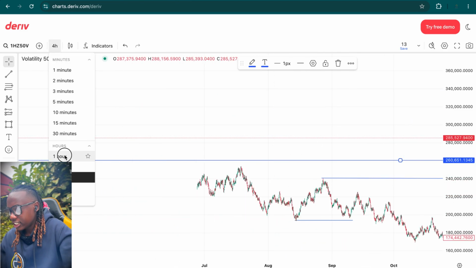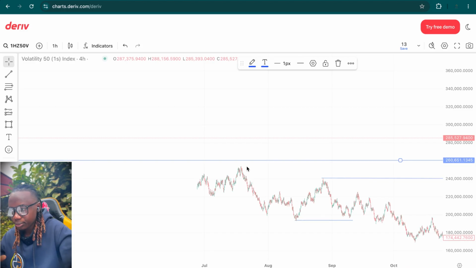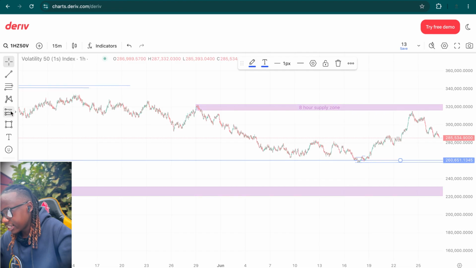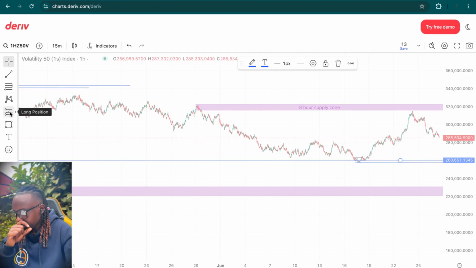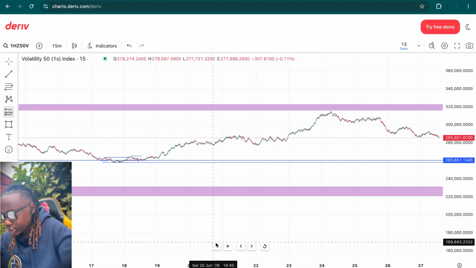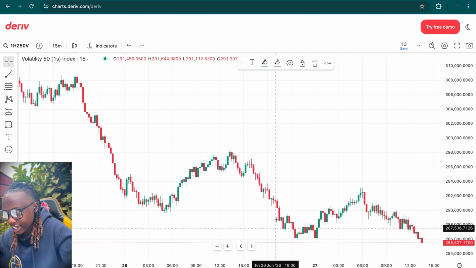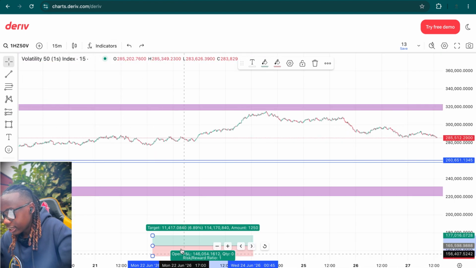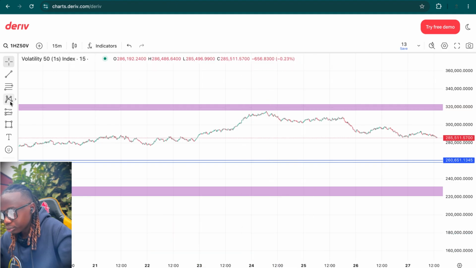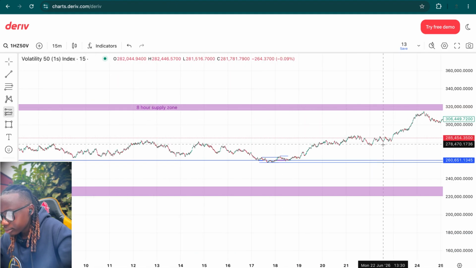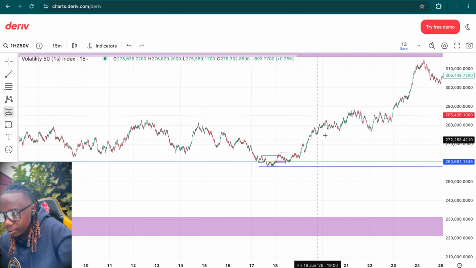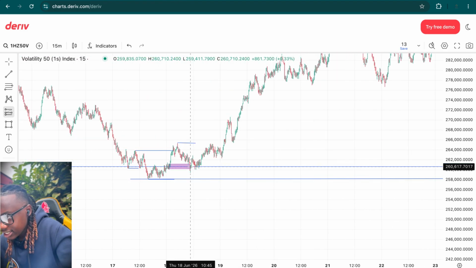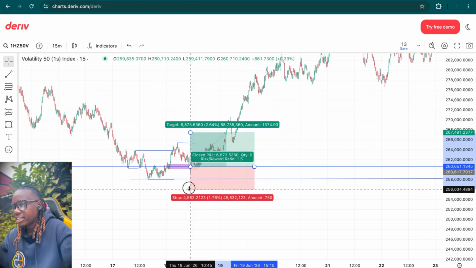So I directly knew that we had a very strong zone, and now I knew that with that 15 minutes change of structure, I had my entry there. So I want to place my entry. So I just came, I placed my entry somewhere there.